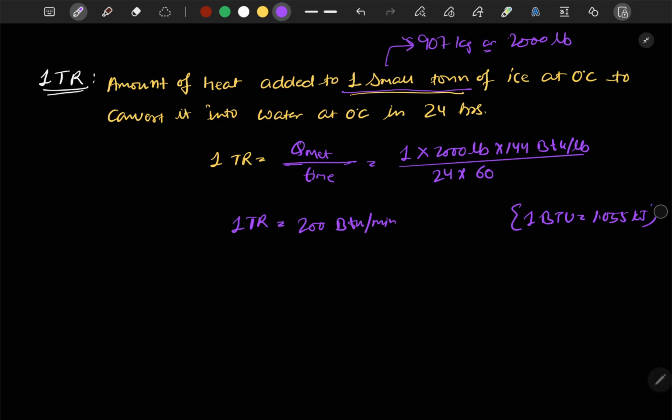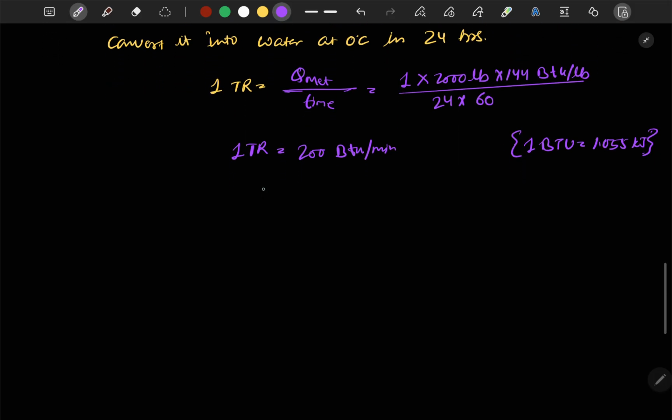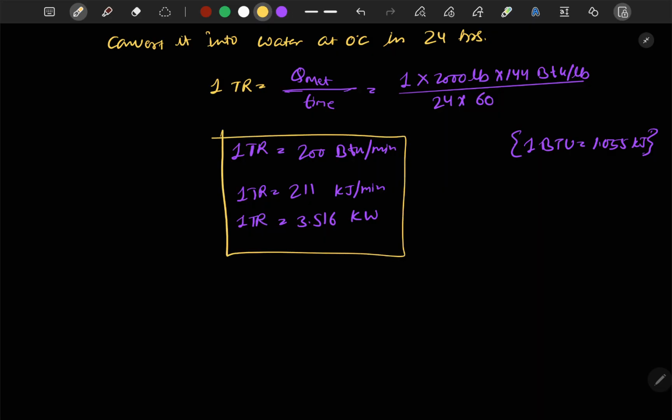So we can directly use this here, and we will get 1 TR is equal to 211 kilojoule per minute. Or after dividing by 60 we will get 3.516 kilowatt. I think you should get this now. So these three formulas are the important ones.